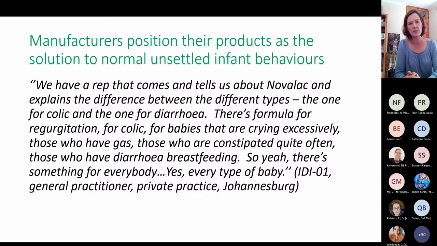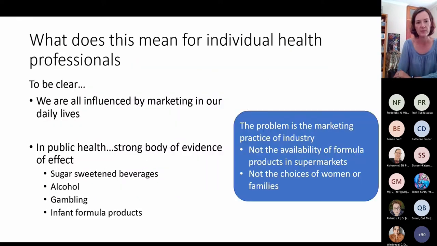And as this GP explains, we have a rep that comes and tells us about Novolac, the one for colic, the one for diarrhea, for regurgitation, for crying, for gas, for constipation. There's something for every type of baby. So absolutely normal newborn health issues, like crying and gas, are framed as being pathological, and formula is the solution.